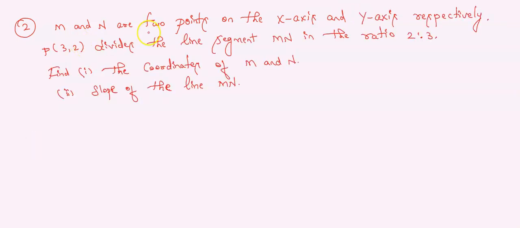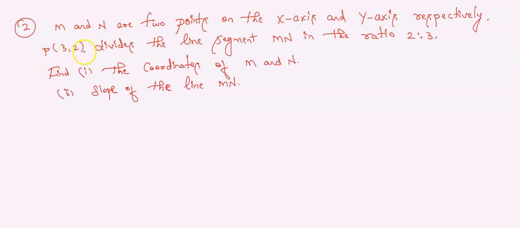Question number 2. M and N are 2 points on the x-axis and y-axis respectively.